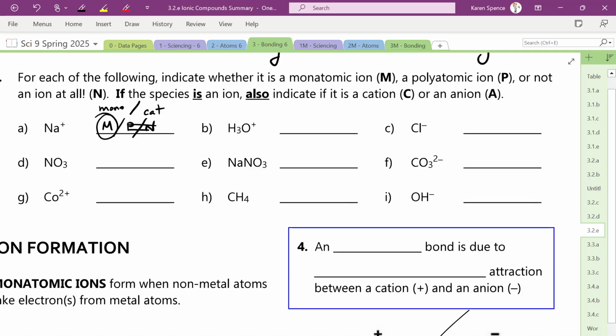This one, there's only one capital letter. So do I have many atoms or just one atom? Just one atom. There's two capital letters.